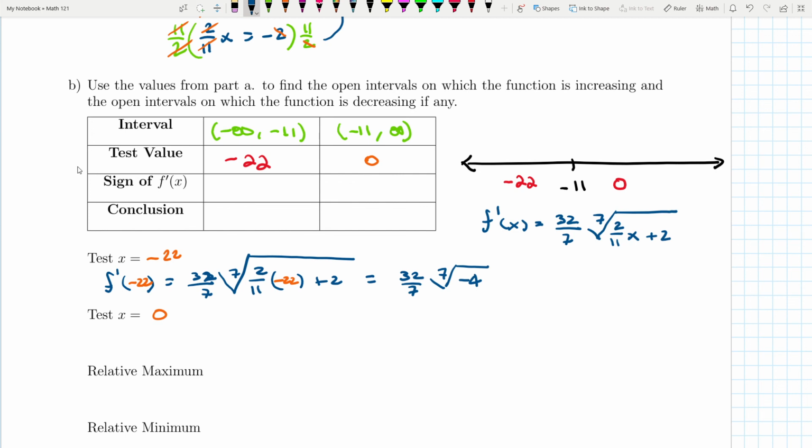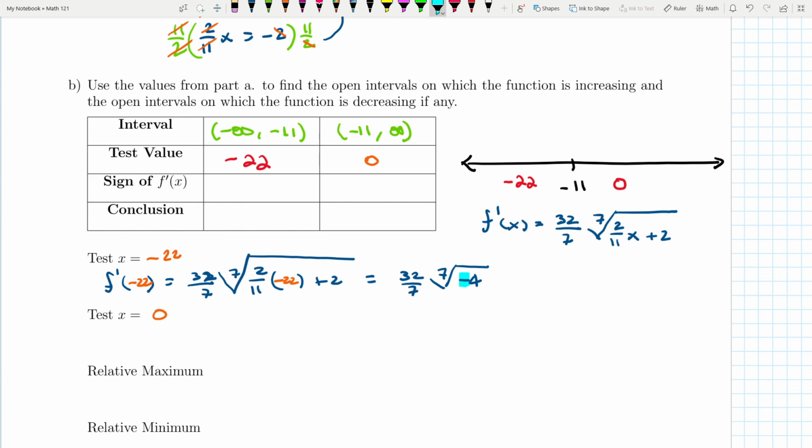However, you may not want to spend time computing this on the graphing calculators, because you might want to recall from intermediate algebra that when you evaluate a radical of odd index, you are okay to evaluate radicals of negative numbers, as opposed to radicals with even index. Like the square root of a negative number, well, you can, but you're going to get an imaginary number. The 4th root of a negative number, you can technically, but you get an imaginary number.